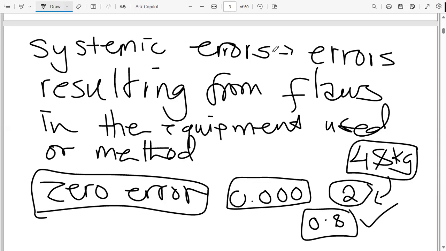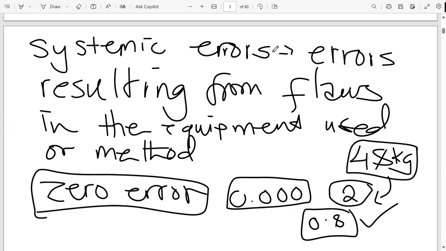So these systemic errors can be corrected when you calibrate your equipment and such. But what you should know is that systemic errors actually lead to poor accuracy.